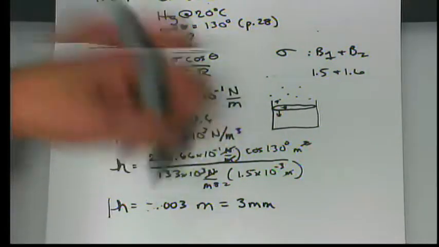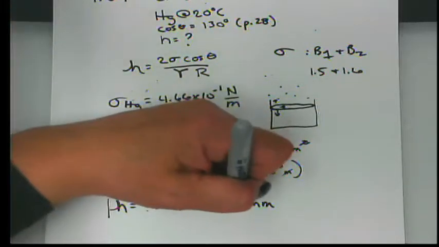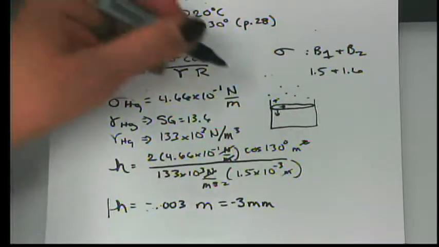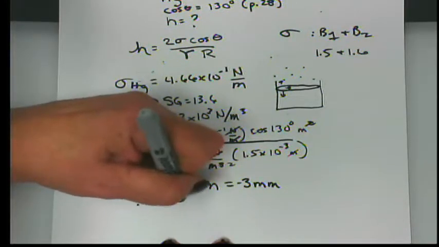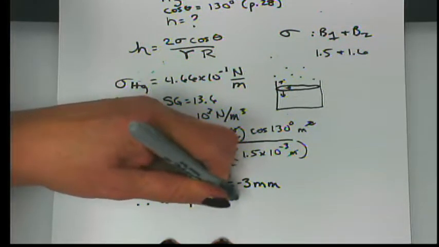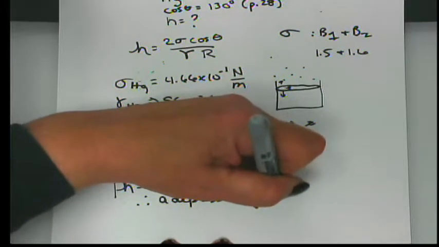Now this value is actually negative, wasn't it? So my capillary rise is negative 3 millimeters, which means we have a depression of 3 millimeters.